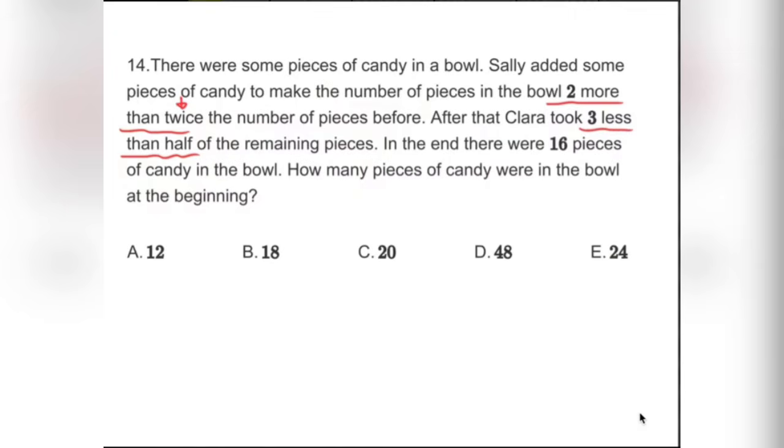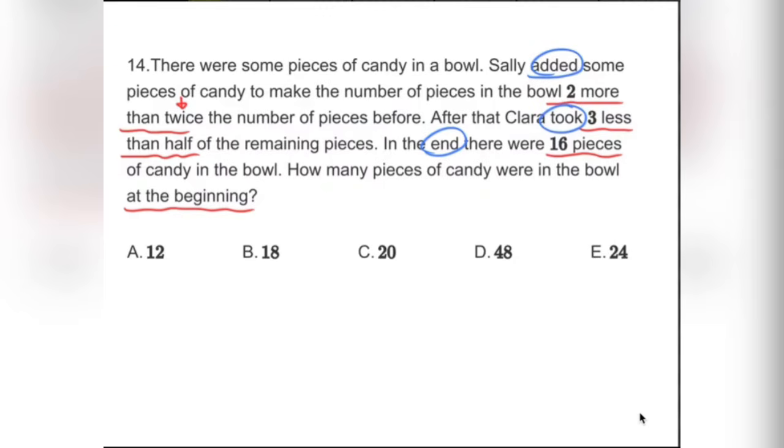Well, everyone, you see, for such a question, apart from these numbers, also pay attention to the 2 words. The first one is about added. The second one is about took. And then in the end, we know that there were 16 pieces. And the question is asking how many pieces of candy were in the bowl at the beginning. Here you see that we know the process.